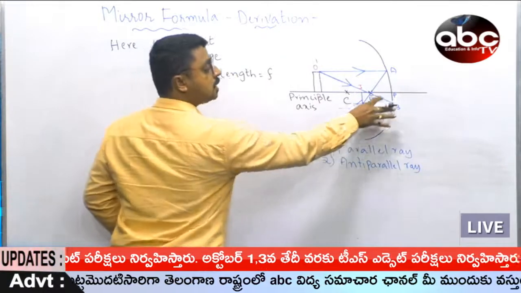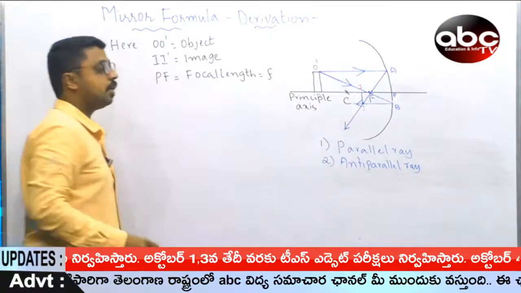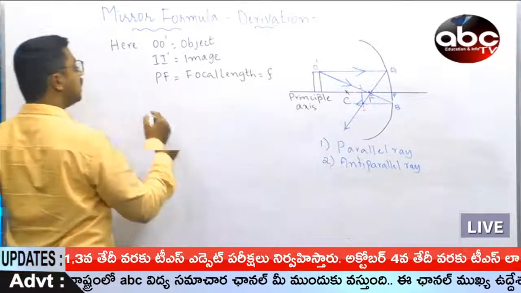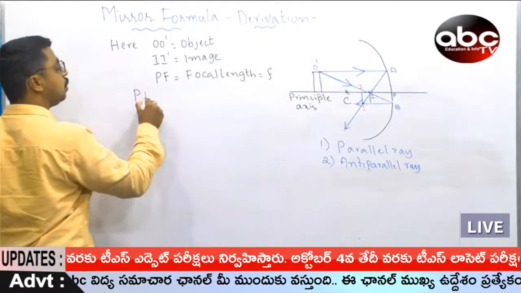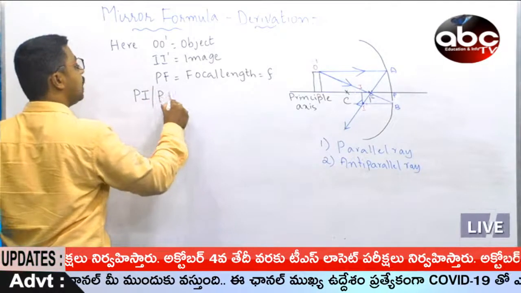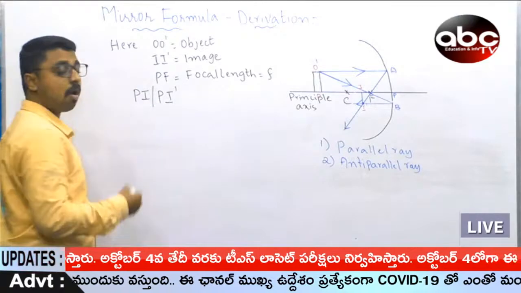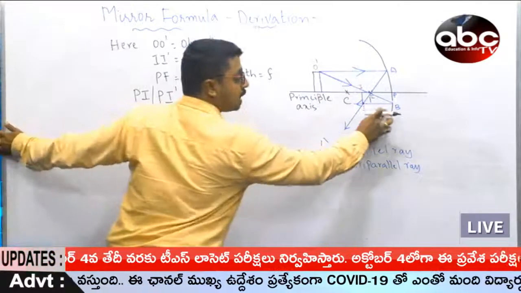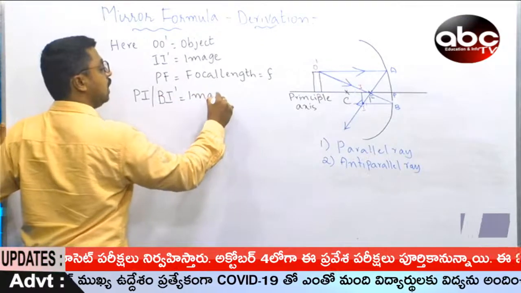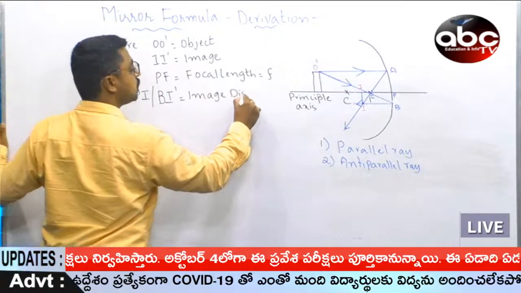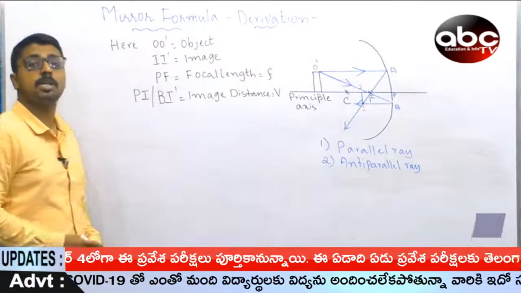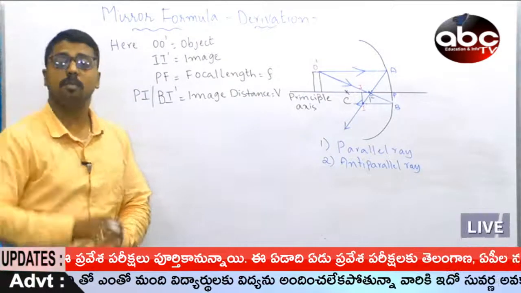Approximately, whether we take B I dash or P I, we expect the same image distance. You can also name it P to I dash, or directly B I dash. It is the image distance. You can name it as v, because image distance is named as small v.